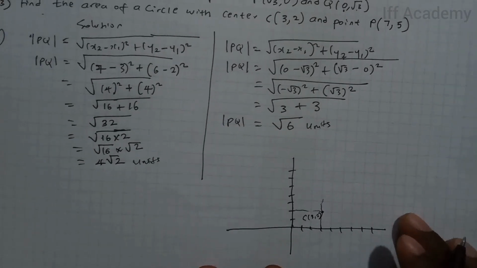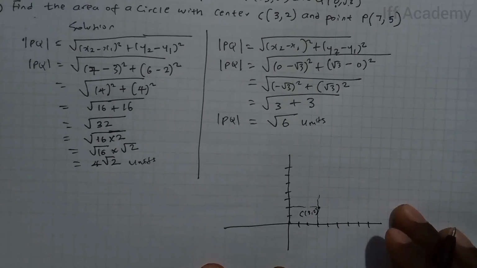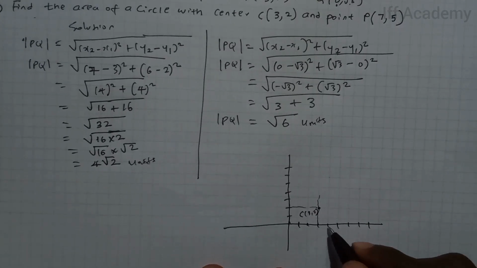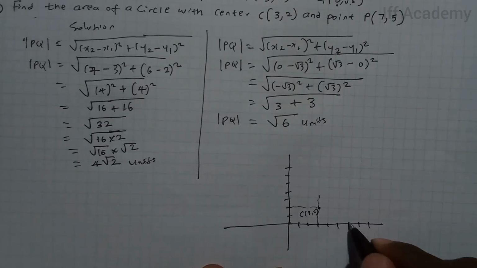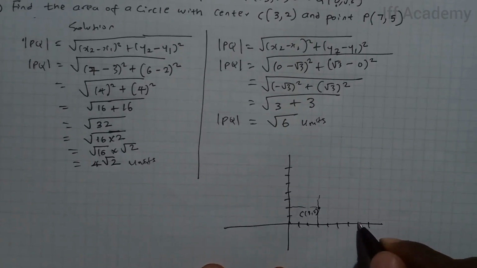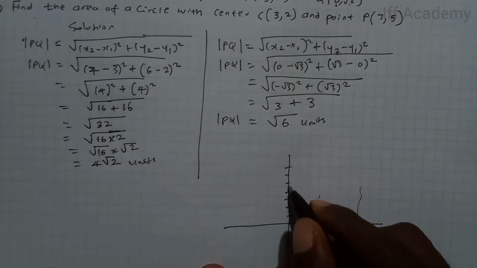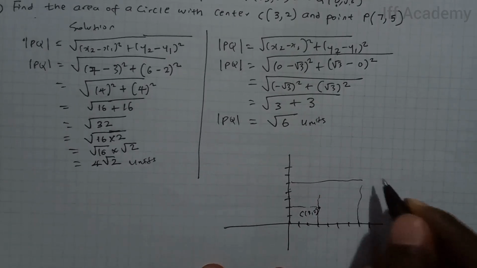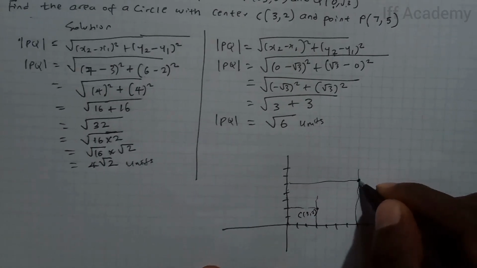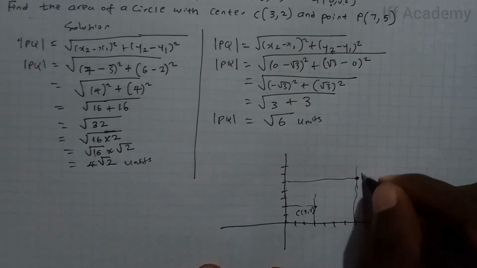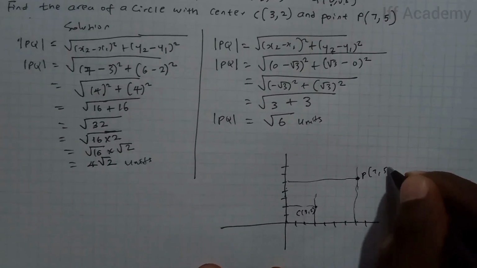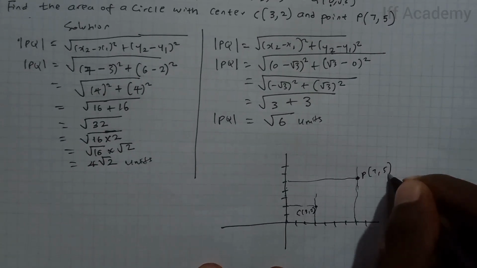Now the point (7, 5). So you mark out 7 on the x-axis. So this is 3, 4, 5, 6, 7. You trace it to where you have 5 on the y-axis. You have 1, 2, 3, 4, 5, right? So that's somewhere around here. So this is (7, 5).